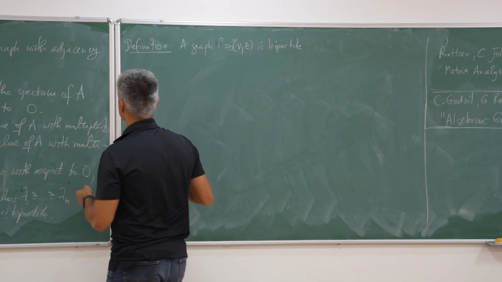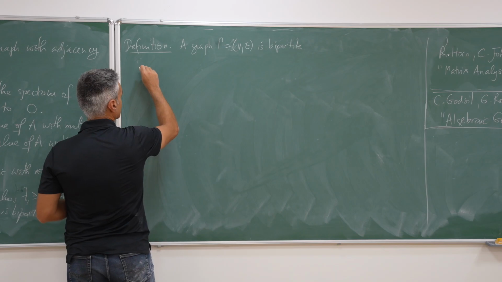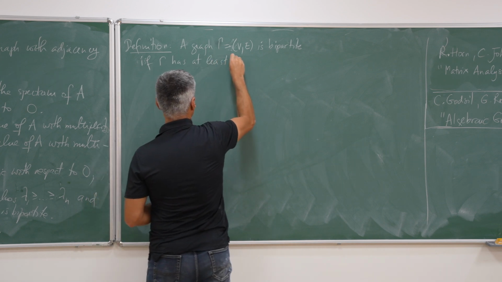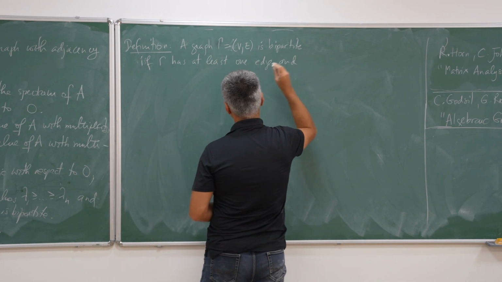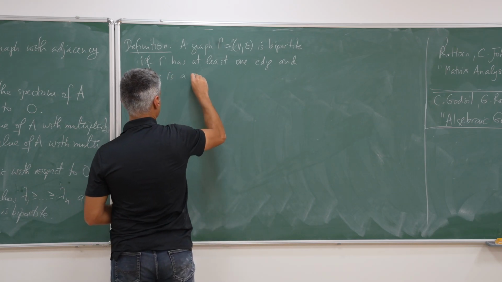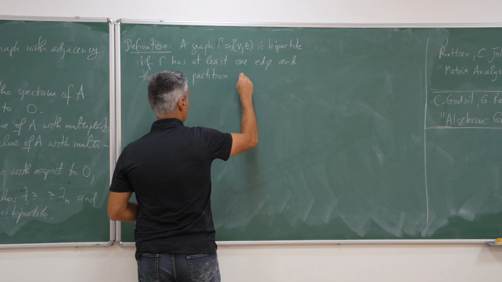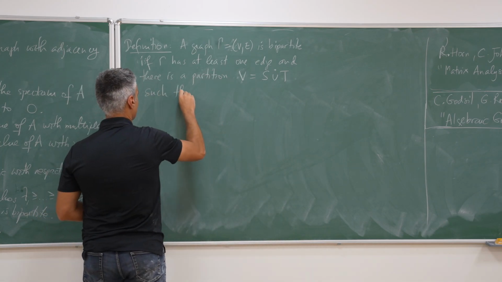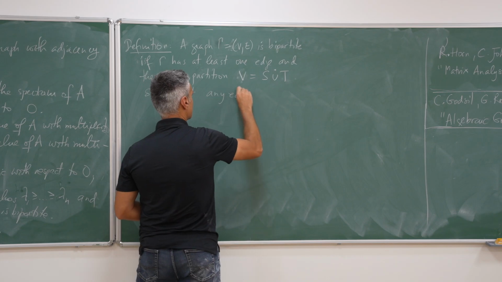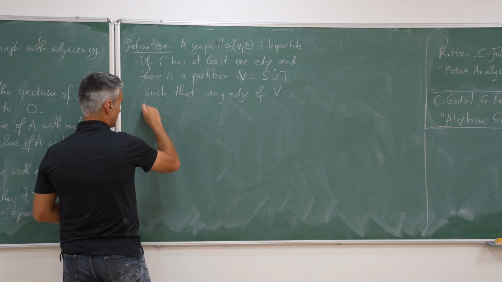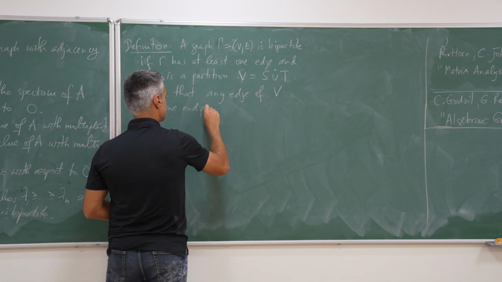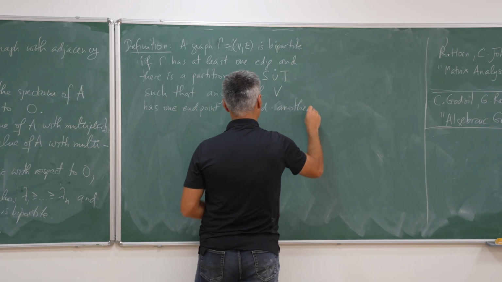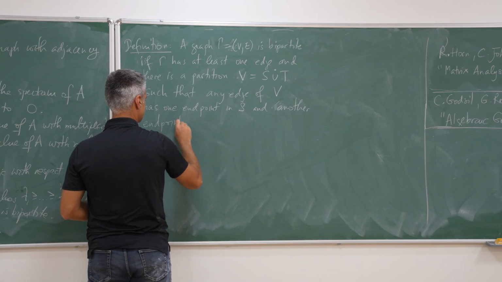Empty graph, no. Gamma is bipartite if gamma has at least one edge and there is a partition of V equals S union T such that any edge of gamma has one endpoint in S and another endpoint in T.